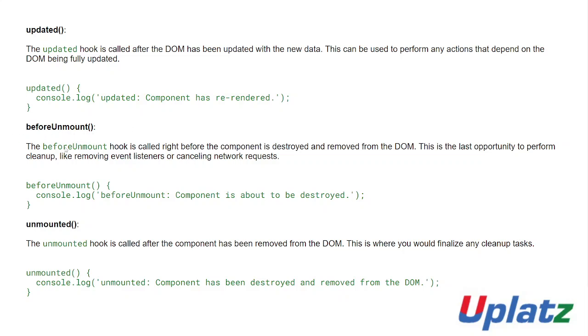Before unmount hook is called right before the component is destroyed and removed from the DOM.